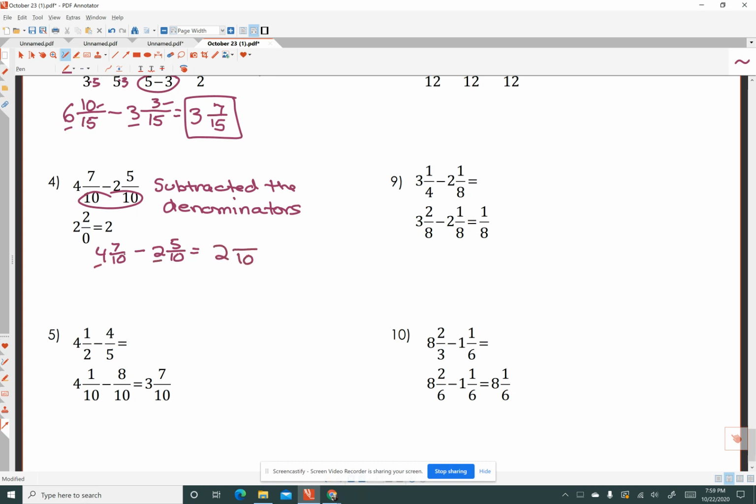Our denominator is 10ths. 7 minus 5 is 2. We can simplify that to 2. 2 goes into itself 1 time. 2 goes into 10 5 times, so 2 and 1/5. And then we'll do number 5.